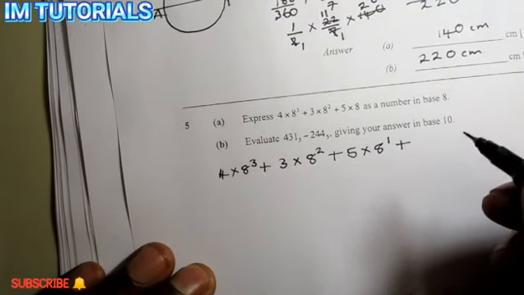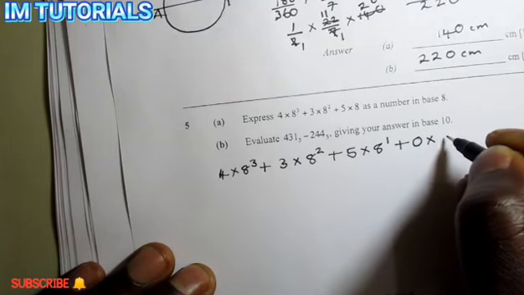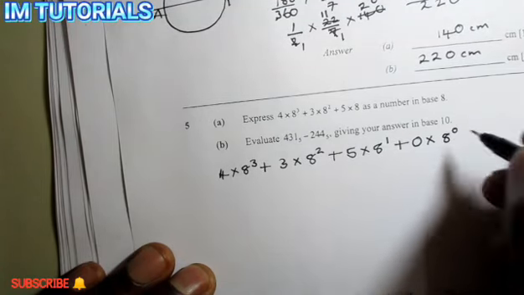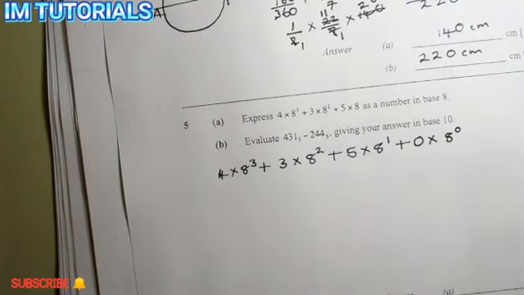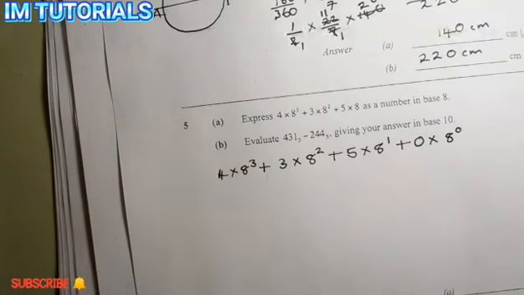But since we do not have 8 to the power of 0, it means that there is a 0 which is multiplying 8 to the power of 0. So the powers of 8 start from 0, 1, 2, 3, where 3 is the highest power in this case.